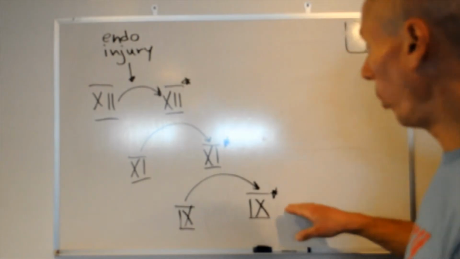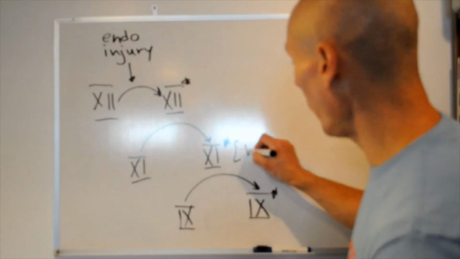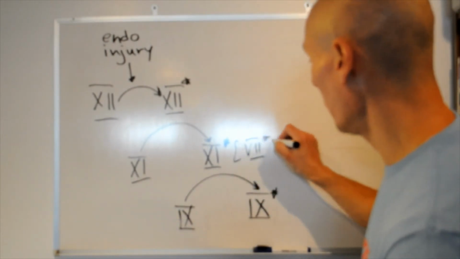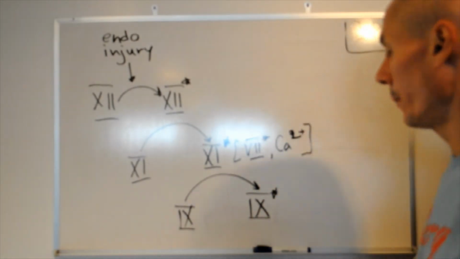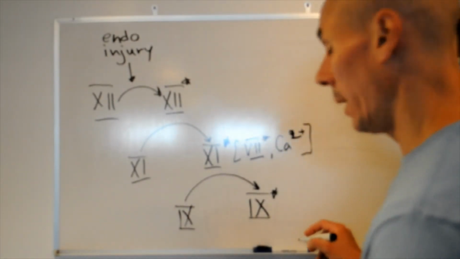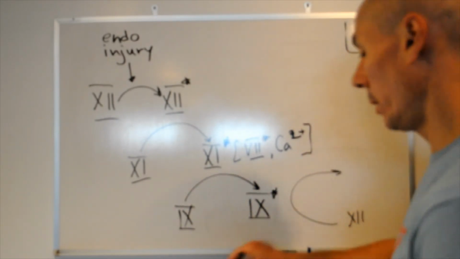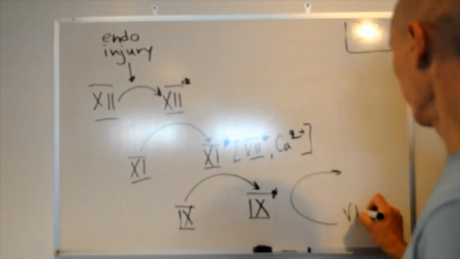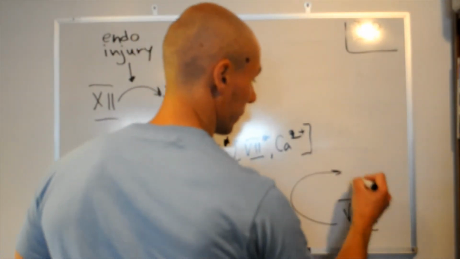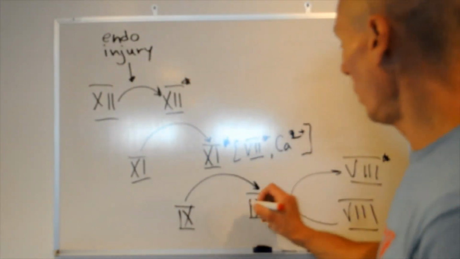So at this point, it's important to understand there are a couple more things. We're going to put them in the brackets, that you need activated factor 7, and you need calcium here. But factor 9 activates another factor, which is factor 8. Now you have these two key molecules.